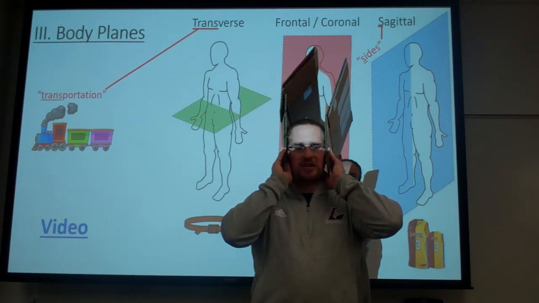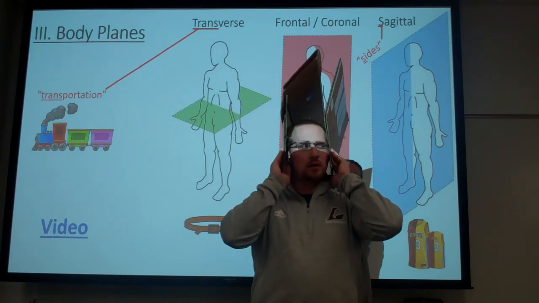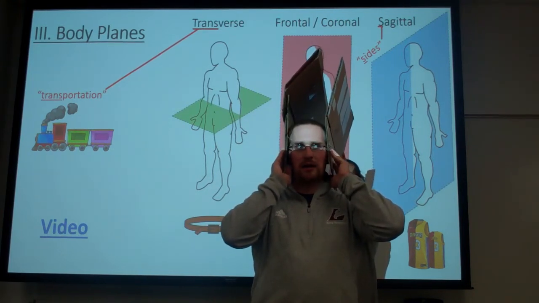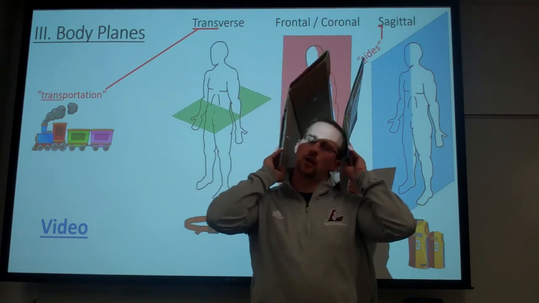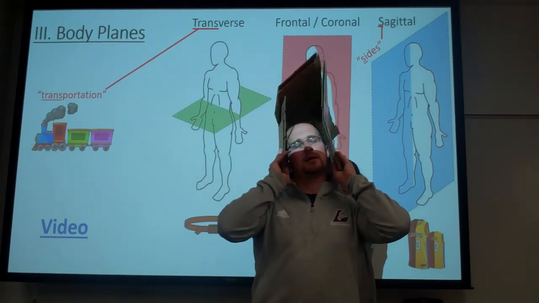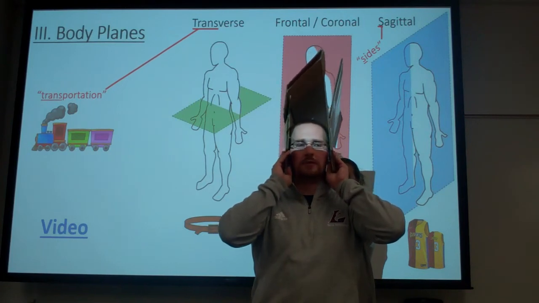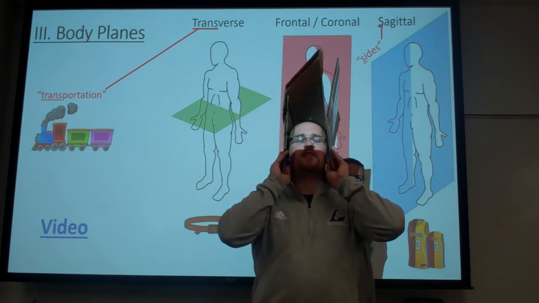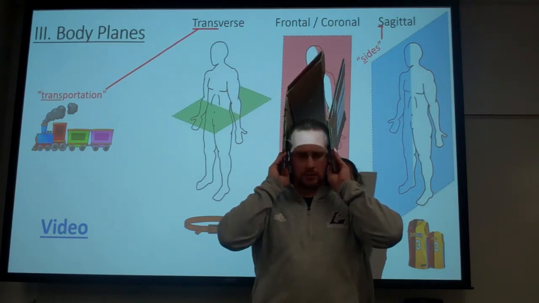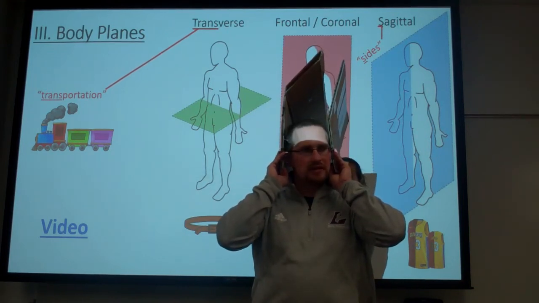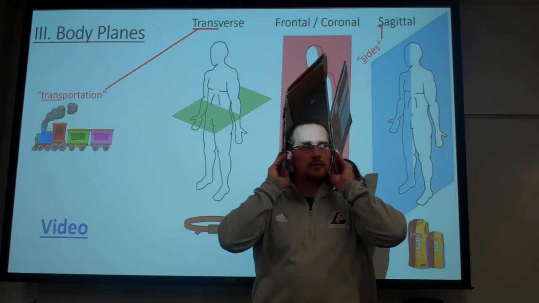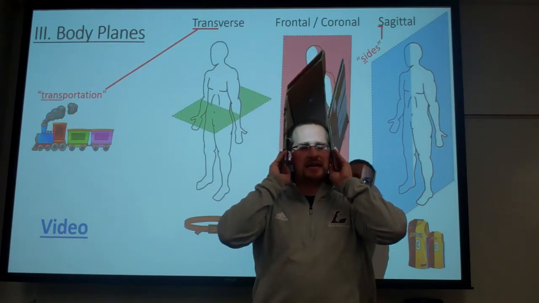If I try to twist my head, I run into the sides of my hallway, I can't move. If I try to go like this, can't do that. But if I nod my head, that works in my sagittal plane hallway.